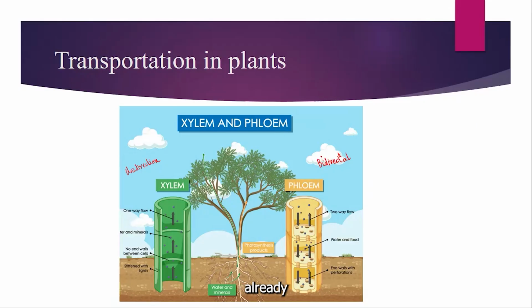We have already said that the direction of food movement is bidirectional. For example, leaves prepare the food and then transport it to all the parts of the body. Let's say in spring, when the activity is less, this stored food from the rest of the parts moves to essential parts of the body which are carrying on several other processes.